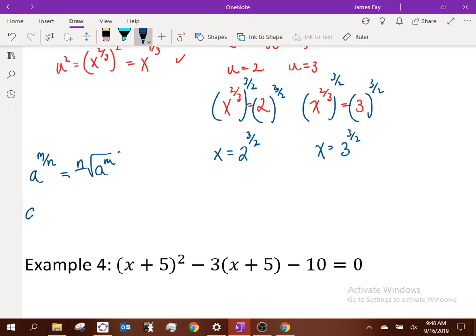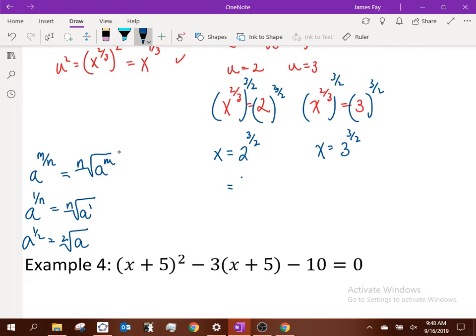The one that you've seen the most is when this was just 1 over n. You took the nth root of just a to the first. So an example would be like a to the 1/2. You said, well, that's the square root of a, right?